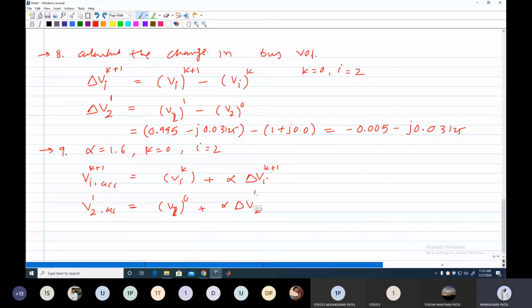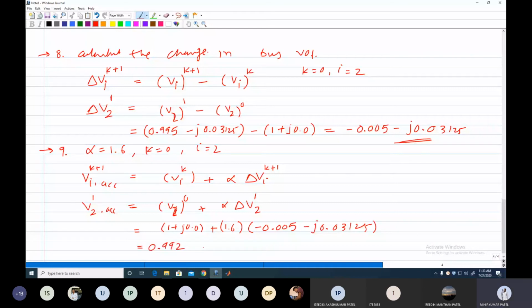V2 0 is 1 plus j0, and alpha is 1.6, and the change in voltage delta V2 which you have calculated over here, you have to substitute: 0.005 minus j0.0312.